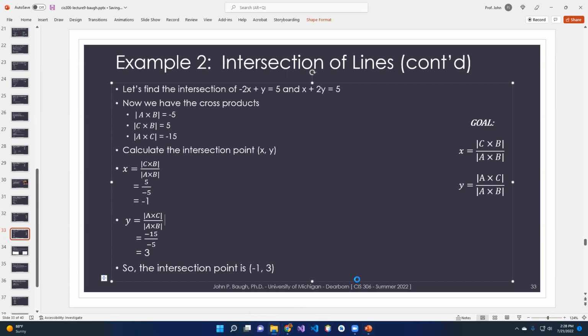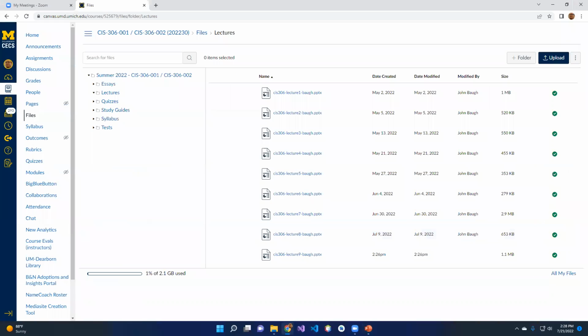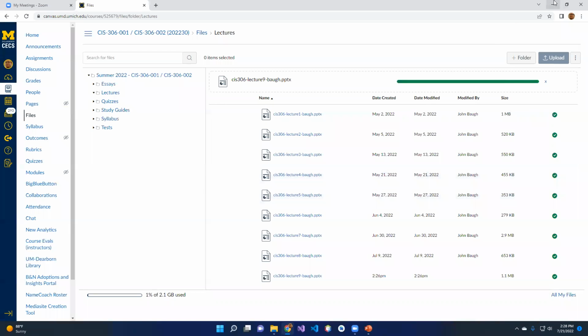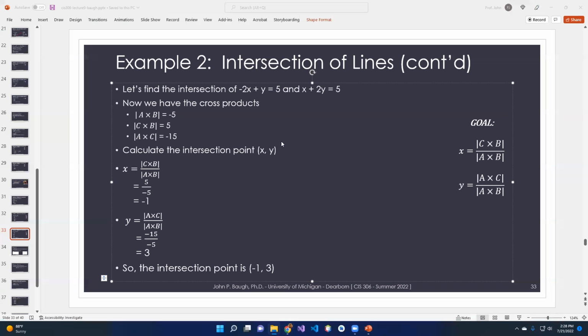Okay, one more time. Three times is a charm. There we go. I'm not going to worry about that extra space. Why is it doing that? That's weird. Just angled weird.